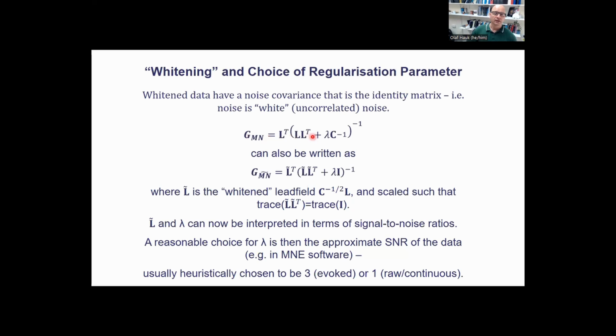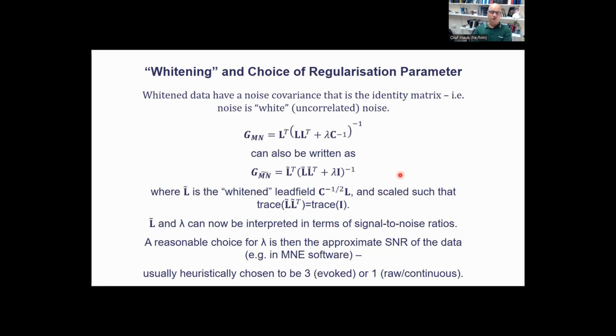The important thing is that if you do that with all your equations, including the lead field and your data, then you can express all your data as well as the lead field in terms of signal-to-noise ratios. Multiplying everything with the inverse of the noise covariance matrix basically means you are dividing everything by the noise level. So you're turning everything into signal-to-noise ratios.